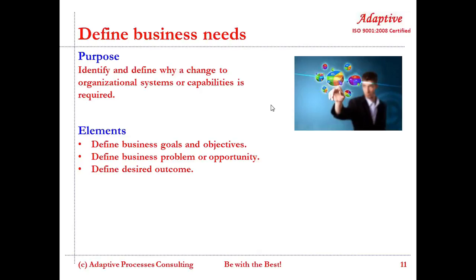First, we should have a proper business need defined, and why it is required. And this should all be documented. The elements of defining the business needs are, we have to define the business objectives that are going to be met because of this business need.